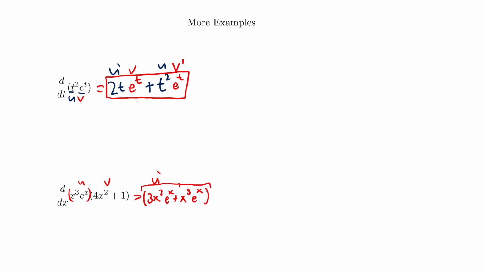And then we're just going to copy v. So v is going to be 4x squared plus 1. And then we can plug in u again. So u is going to be x cubed e to the x. And then v prime is just going to be 8x.